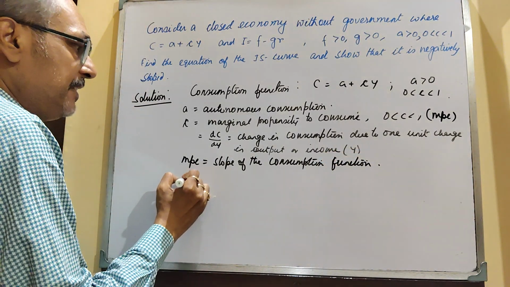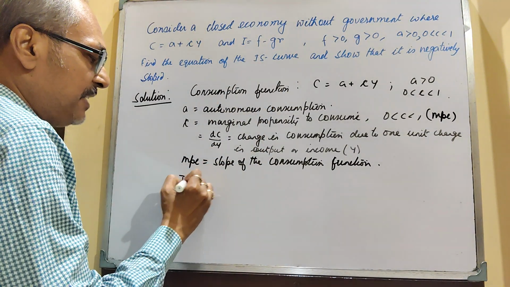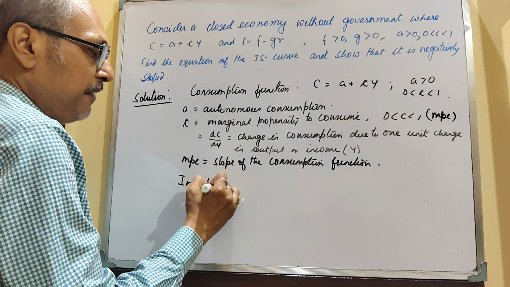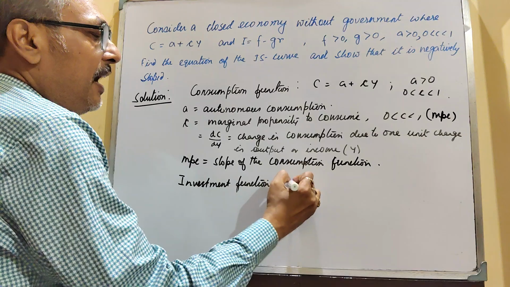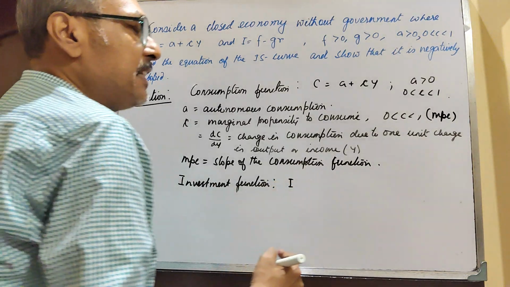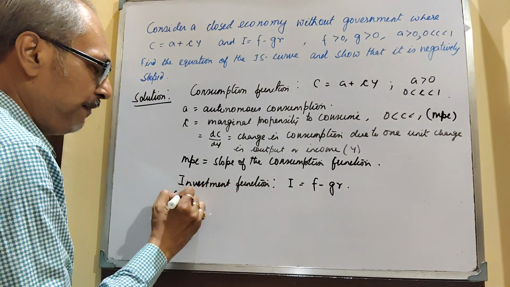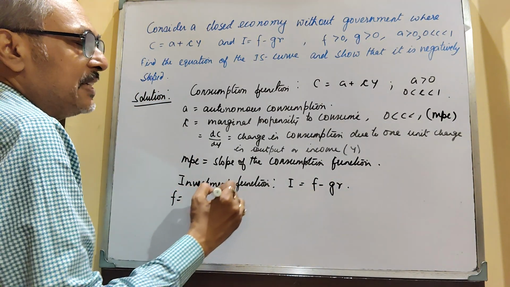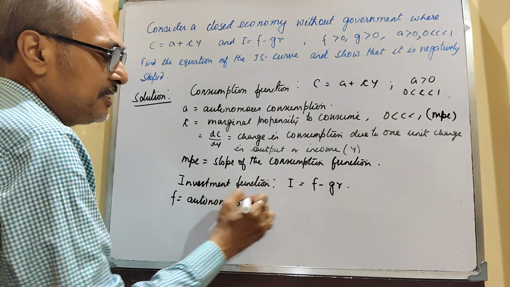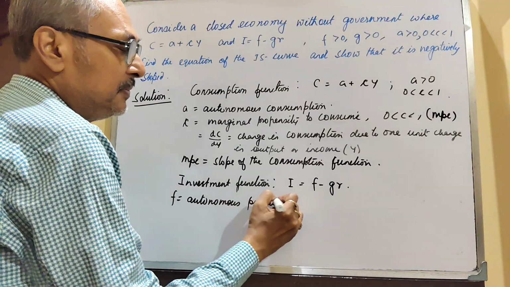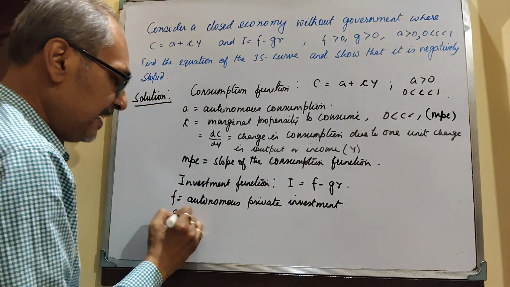Now I equals F minus G r. This is the investment function. I stands for private investment. What is F? F is autonomous private investment. What is G?